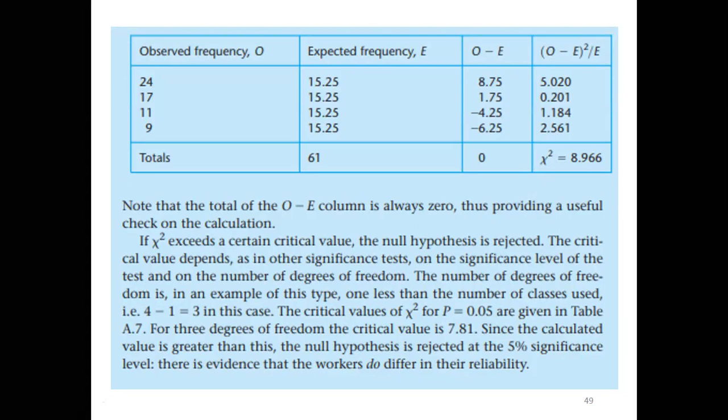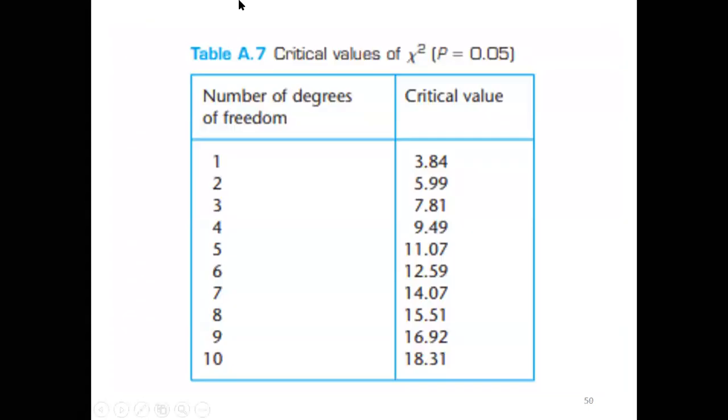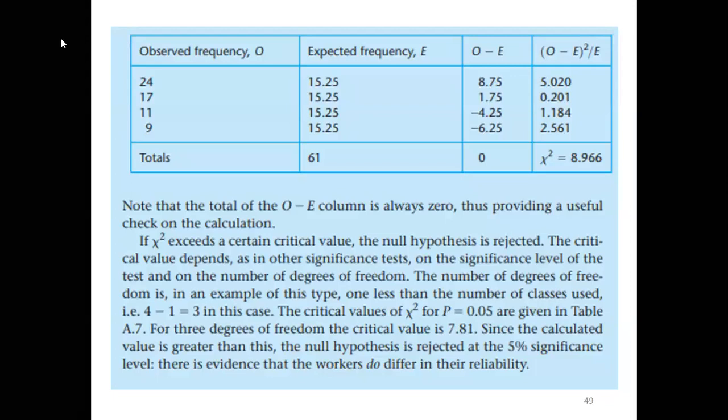And one thing here, again, there will be a chi-squared table. This table contains the critical values of chi-square. Here also we should have the number of degrees of freedom. How many degrees of freedom do we have here?